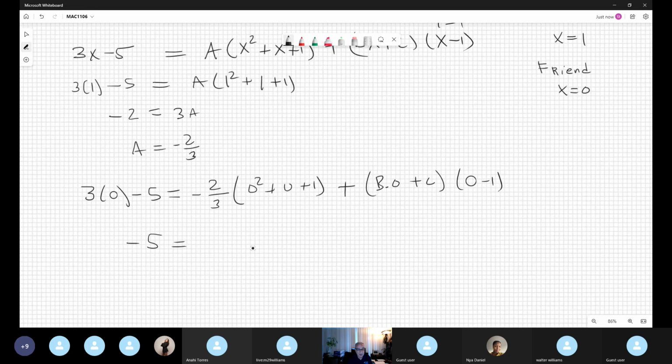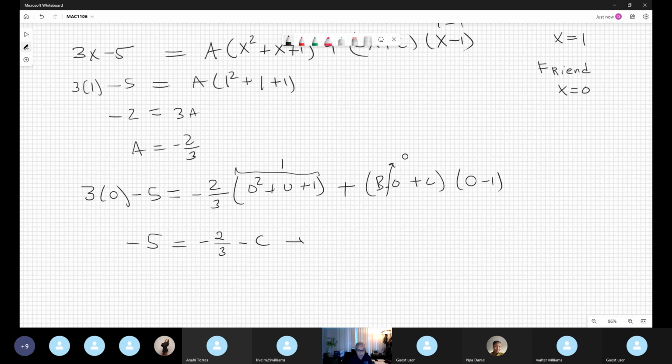And now we have minus 2/3 because 0 plus 0 is 0 plus 1 is 1. That part is just 1, and 1 multiplied by everything is the same value. Plus B times 0 is 0, that part disappears. And 0 minus 1 is negative 1. So actually we have minus C.